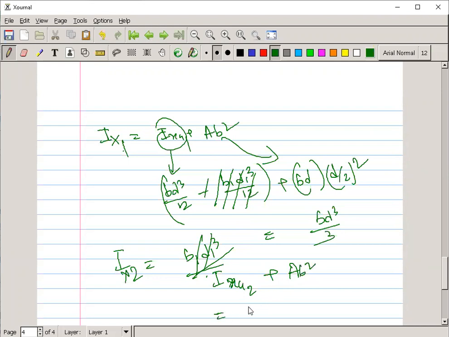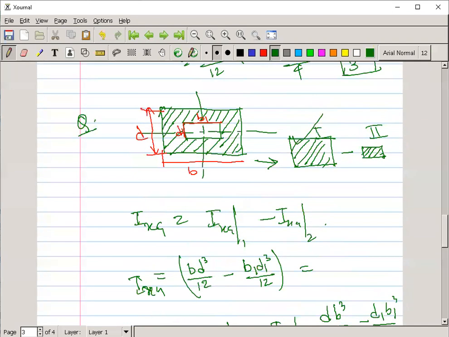It means b1 d1 cube by 12 plus b1 d1 into the distance, here d1 by 2 whole square, this portion.